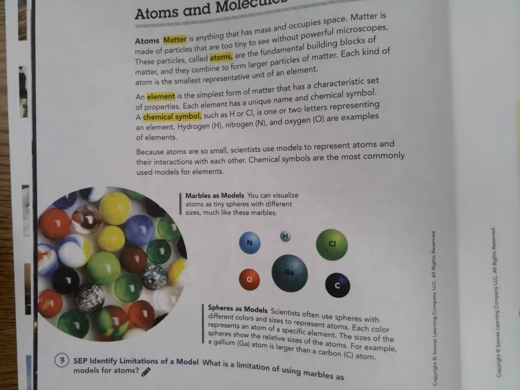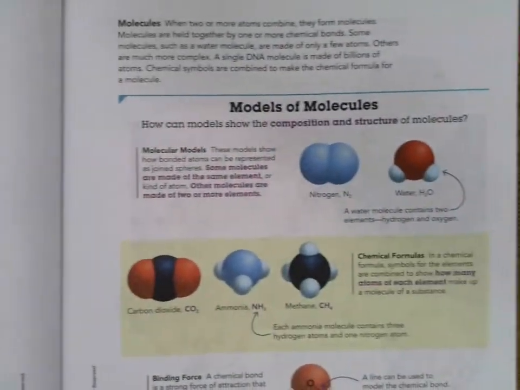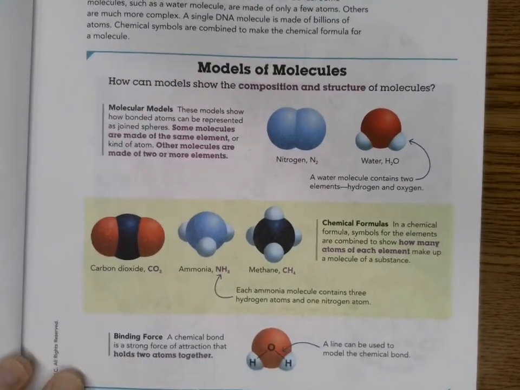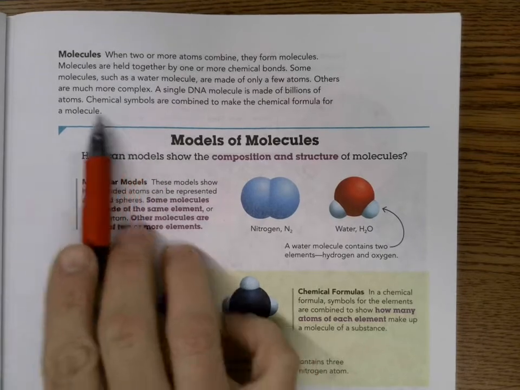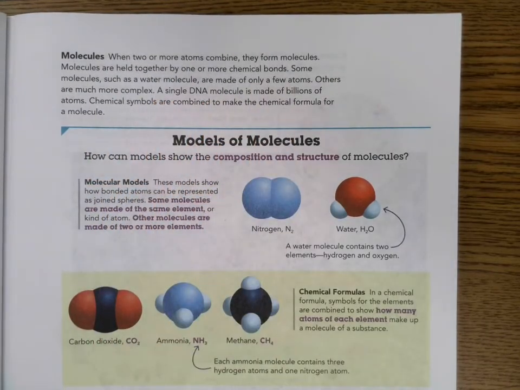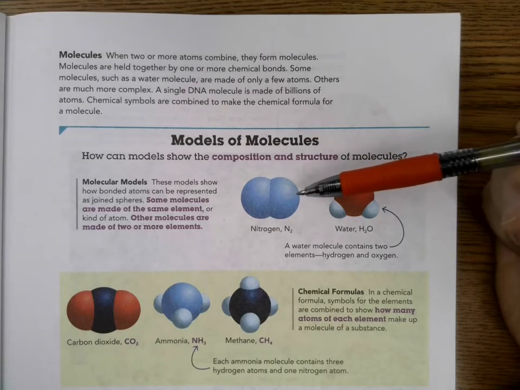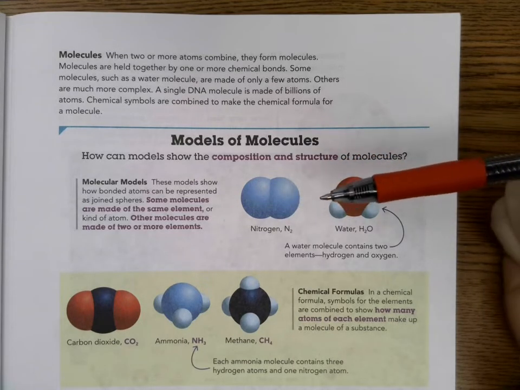Now that we can imagine each individual element is going to have a different size, as spheres, we can think of them, when we put them together, as molecules. I want you to write this down too. Molecules are when 2 or more atoms combine. That's the big idea: when 2 or more atoms come together, we call them molecules. We have 2 examples here. We have nitrogen, which is mostly found in air.